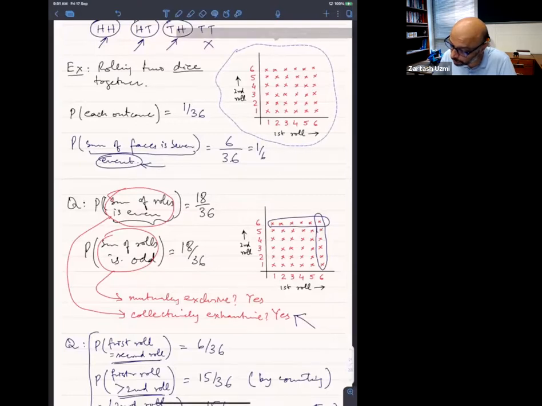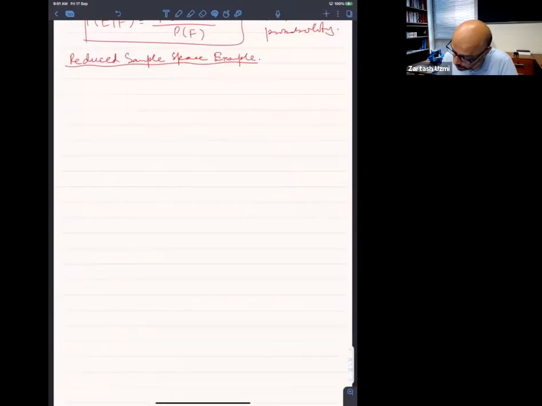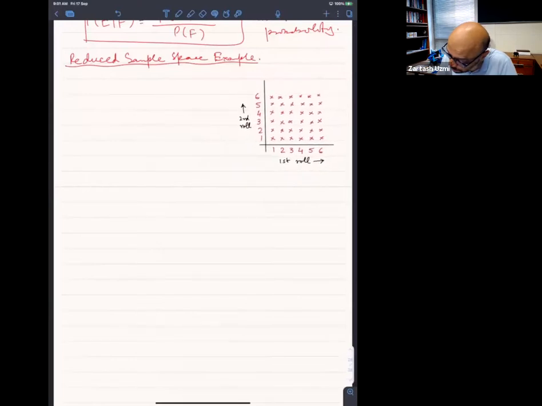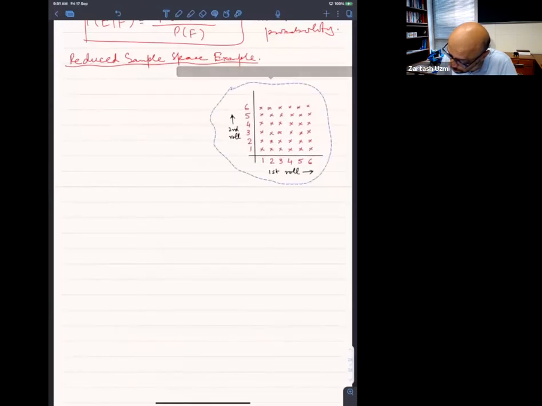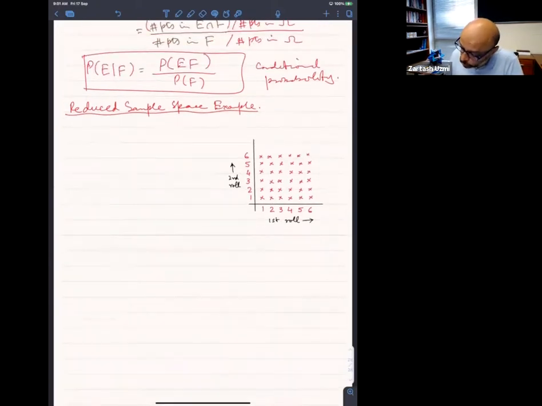This one. Copy and paste. Okay. So toss two dice together. Okay. Let's define some events.